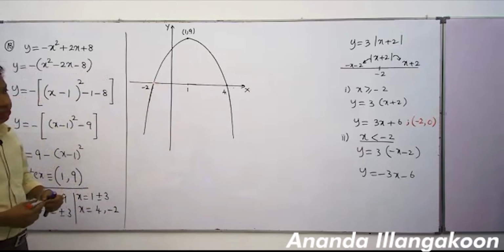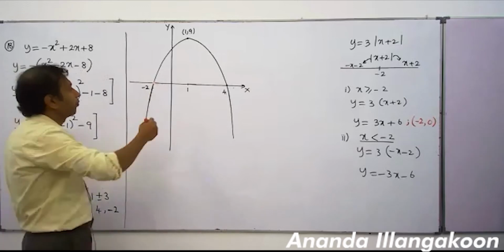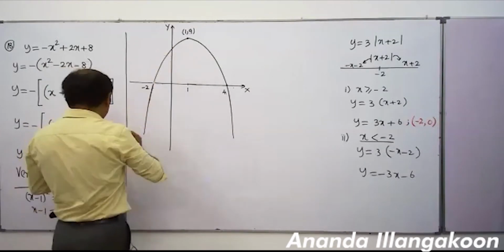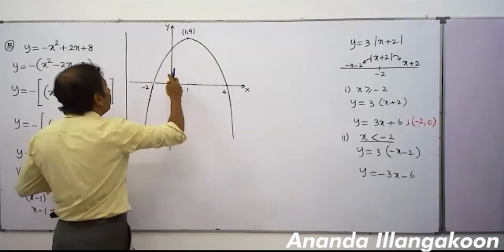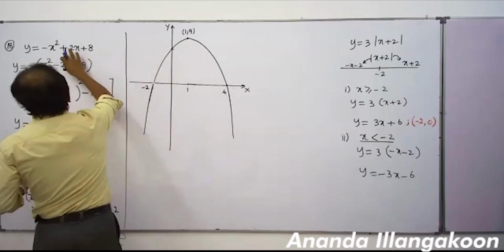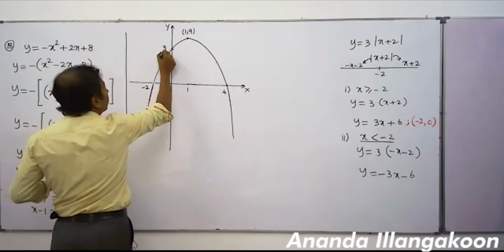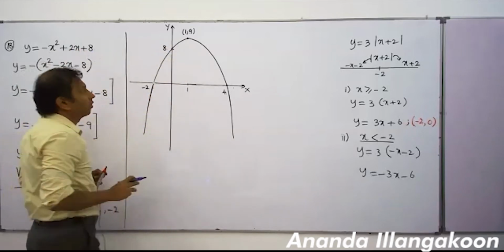In this case, the intercept is 6. You know, this is 8. Put in x equals 0, we get 6. 6 is somewhere here, suppose.